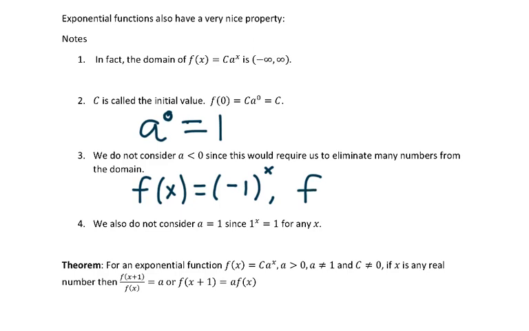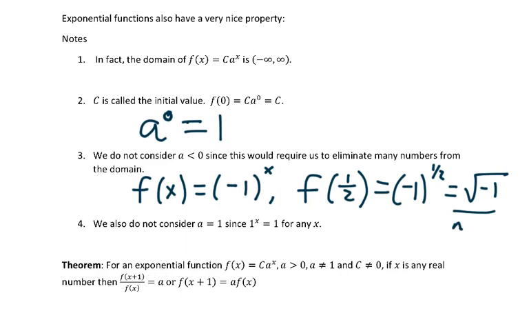Then f of 1 over 2 would be -1 to the 1 over 2, which is equal to the square root of -1. This is not defined in this class, mostly because we're not considering what are called complex numbers. So that's why we can't take a to be negative. And again, a can't be 1, because 1 raised to anything is 1. That's not really interesting for us.